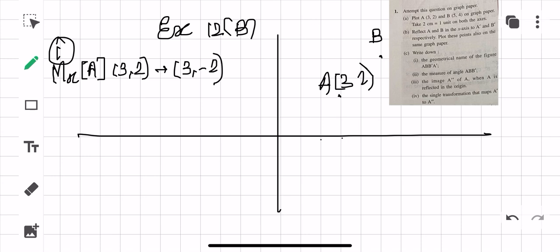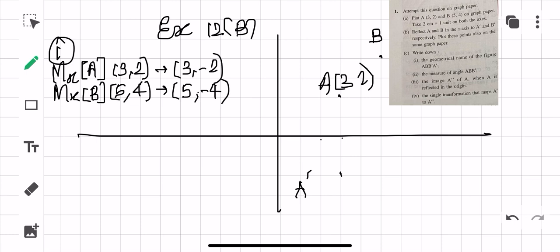Then for point B, the coordinates of which are 5, 4, upon reflection this becomes 5, -4. If you plot this point, children, 3, -2 comes here. So this is the point, and you will write this as A dash, and the coordinates of this point are 3, -2.